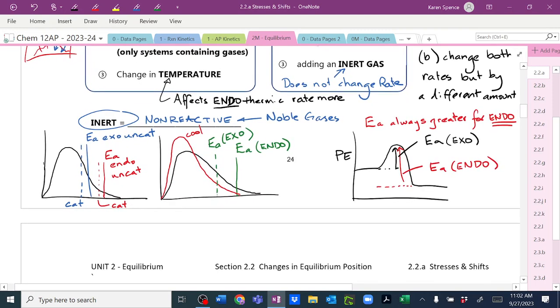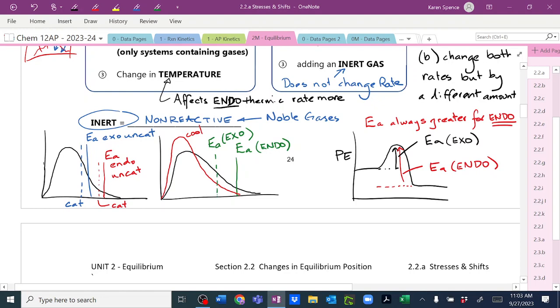Because particles will bump into an inert gas, but sometimes people think, oh, there's a particle over here waiting to react. This particle over here is waiting to react. I'm going to have to put it down because I don't have hands. With this thing here, oh, it bounced off and now it's not going to hit that. But guess what?